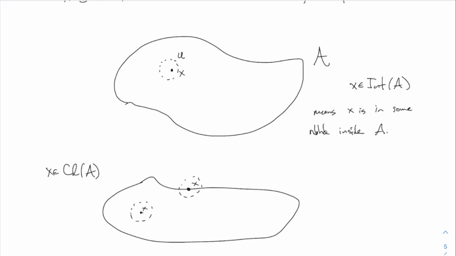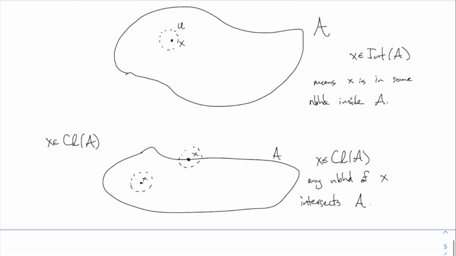X in the closure means that any neighborhood of X intersects with A. All right.